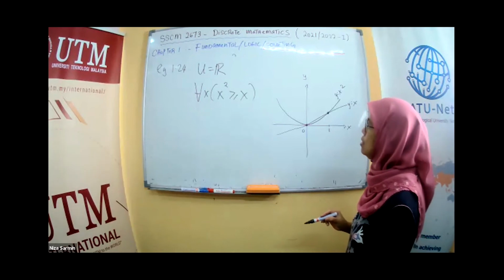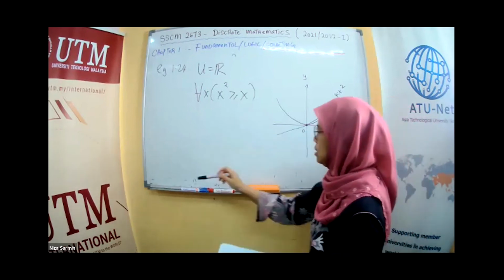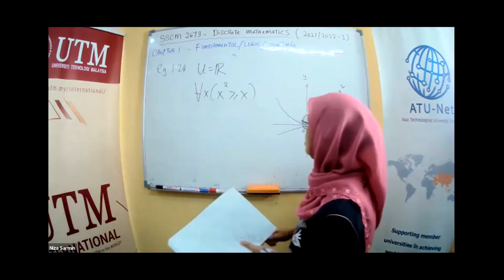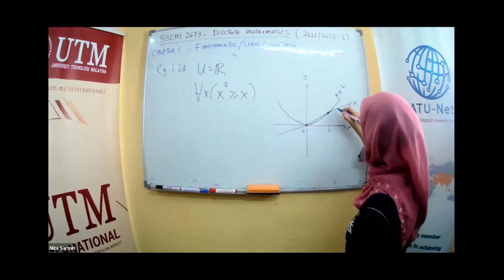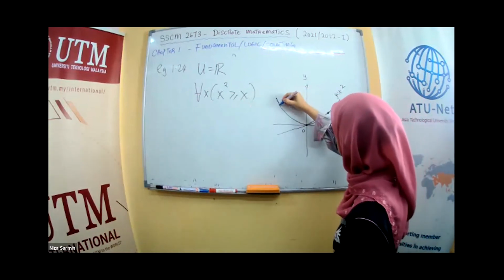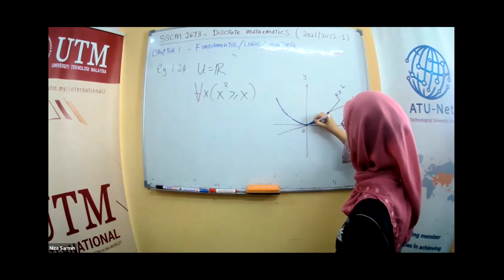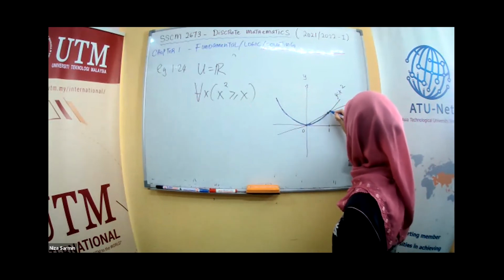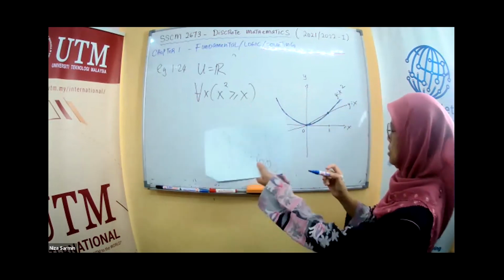So the one with x squared is bigger than x. This is x squared.